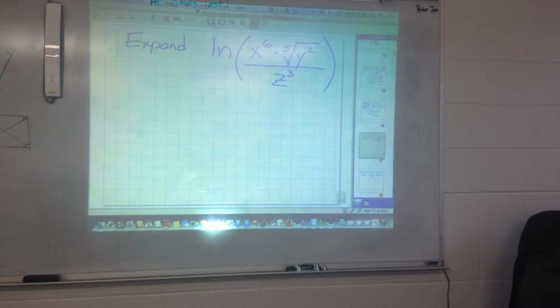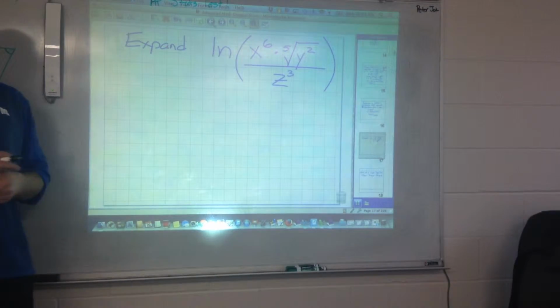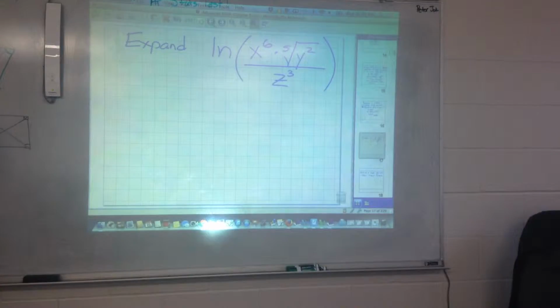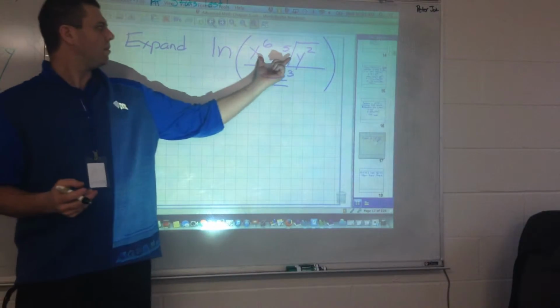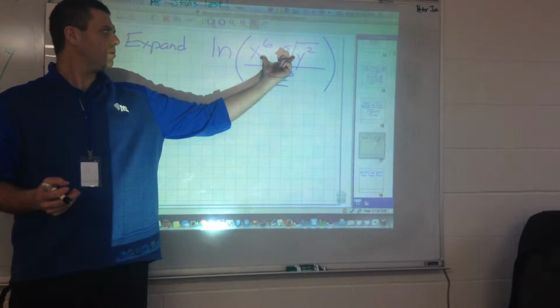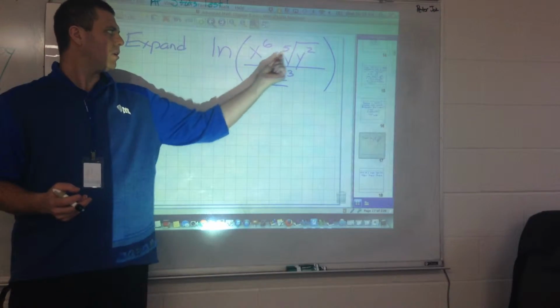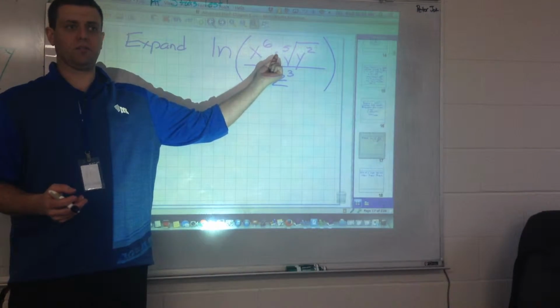Okay? Alright. So, using this, let's expand this into multiple logarithms. Thoughts? Well, you're going to do the top and then subtract the bottom, and then you're going to add the top together. These two, when you separate it, will be separated by an addition symbol.